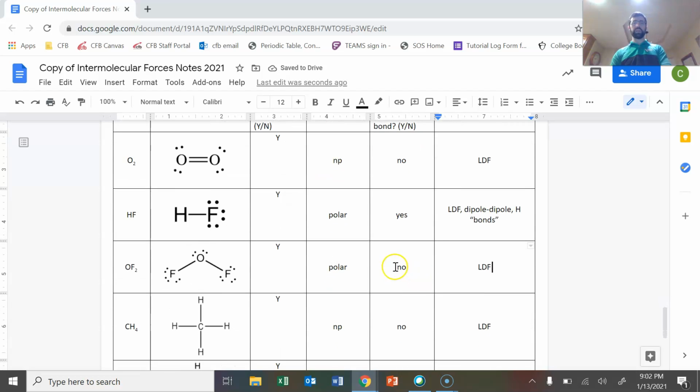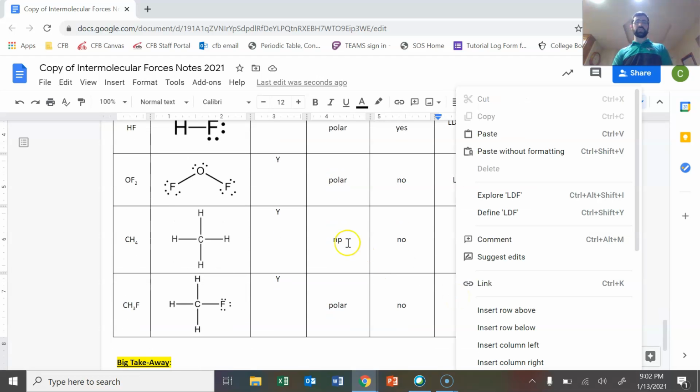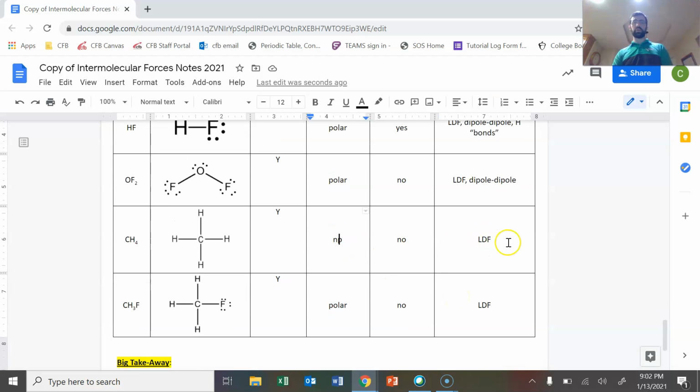This one's polar, but it doesn't have HF or HN or HO bonds. So it has dipole-dipole, but it doesn't have the hydrogen bonds. This one's nonpolar. Since it's nonpolar, it's just LDF. This one's polar, but there's no hydrogen bonds, so we're just going to put dipole-dipole.